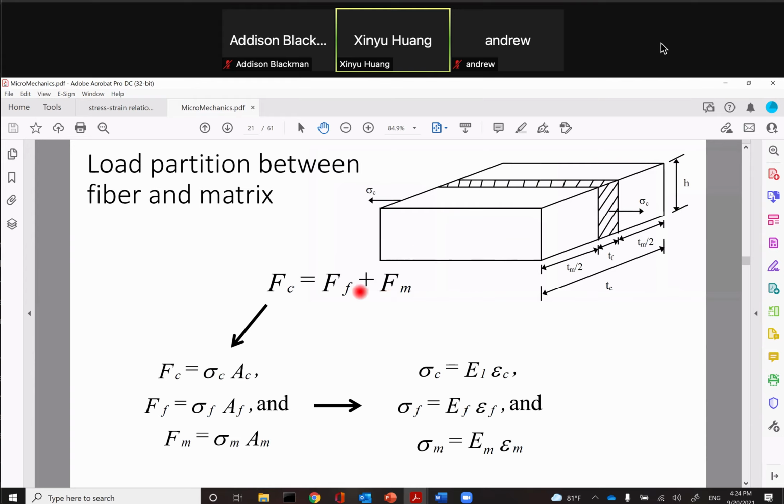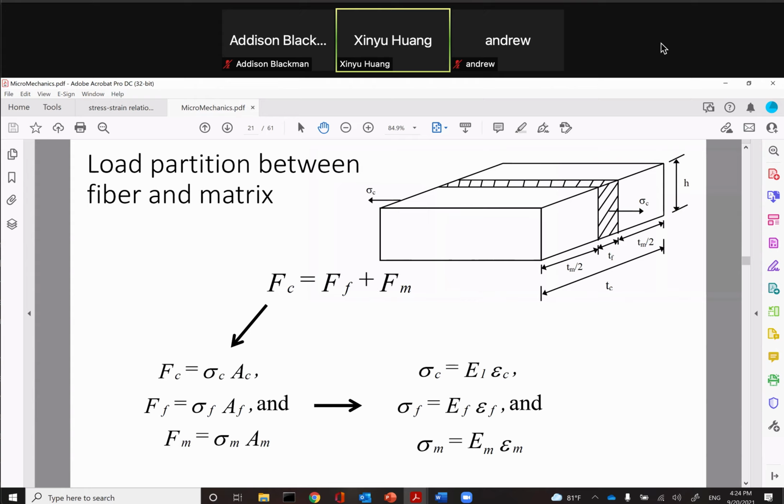You assume the reaction force of the composite is the average stress of the composite multiplied by the total cross-section area of the composite. We call this whole thing the composite. So this is your average property, and that's the total area.